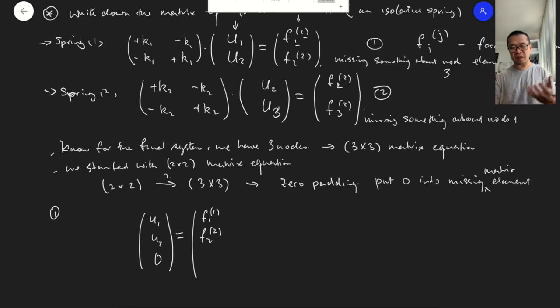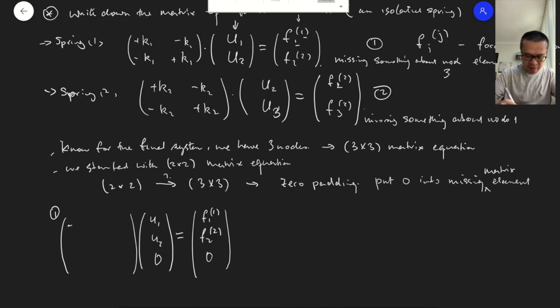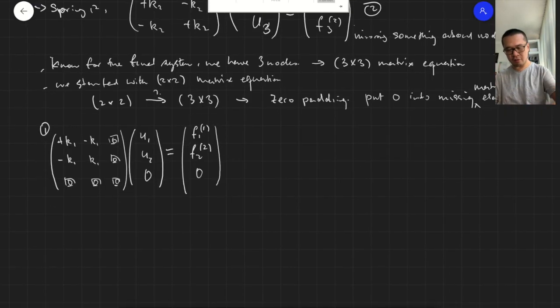And in this case, you don't have anything to do with 3, so you put 0 back. The 2 by 2 matrix goes to the upper part of this matrix, so it becomes K1, minus K1, minus K1 and K1, where you put 0 in all the missing terms to fill up the whole matrix.